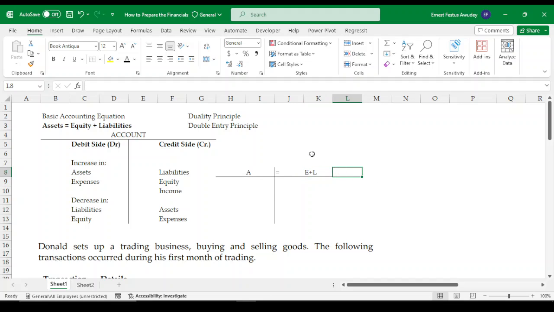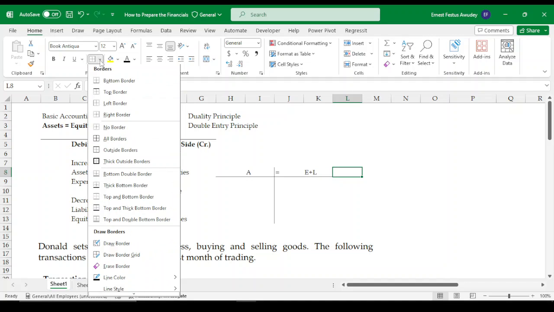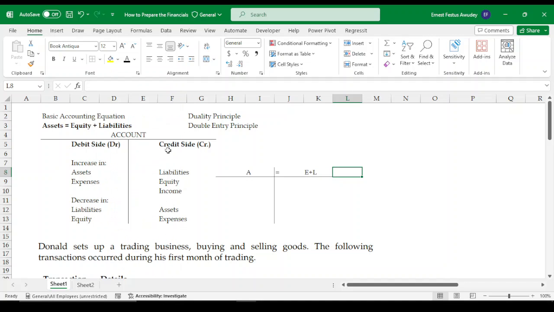All right. So what we are saying is that the assets, because the assets fall at the left side of the account, which we have come to understand as the debit side of the account, any increase in the assets is going to be put here.